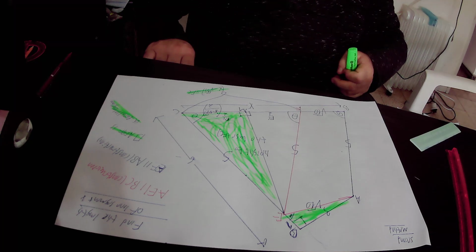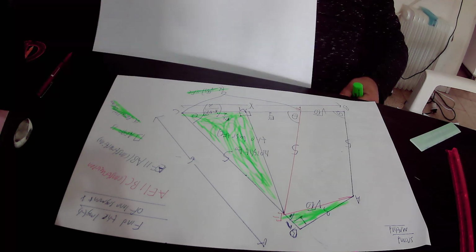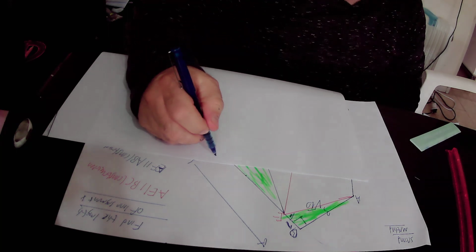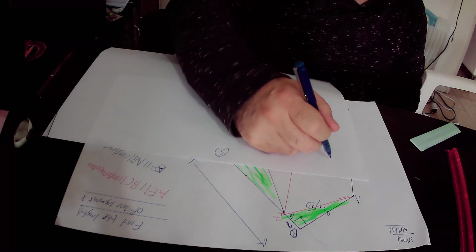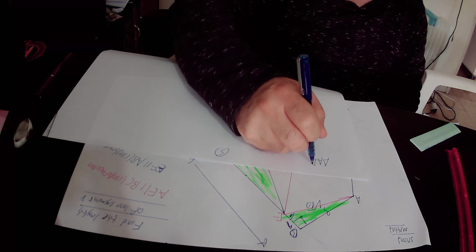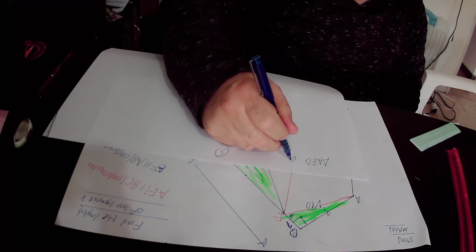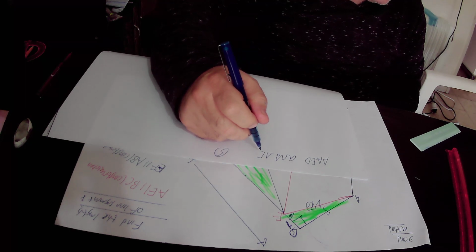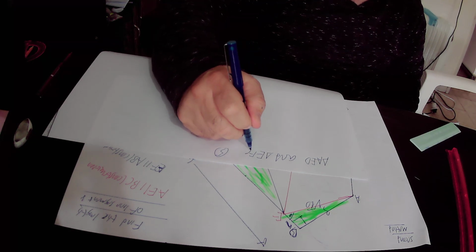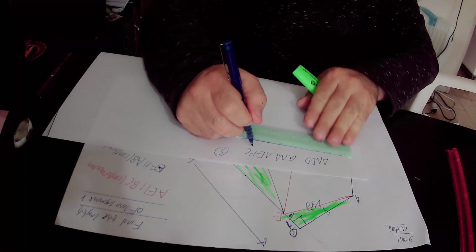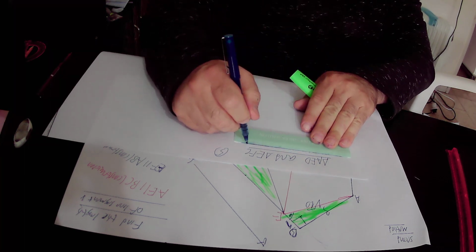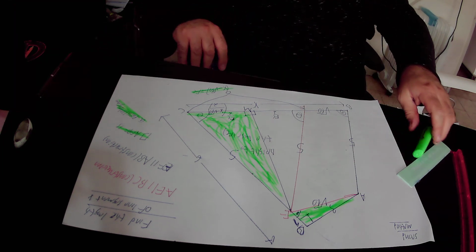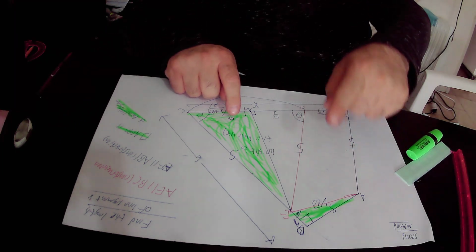Write it down. We will prove the right small triangle AED is similar to the right big triangle EMC. The two right triangles are similar to each other.